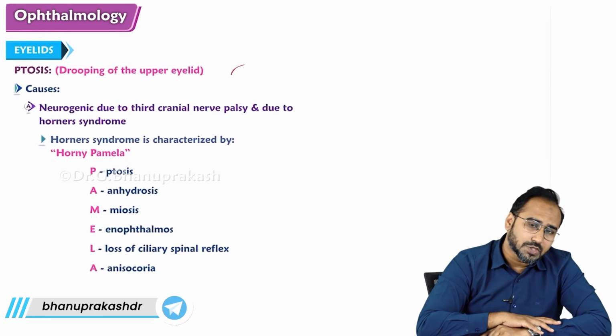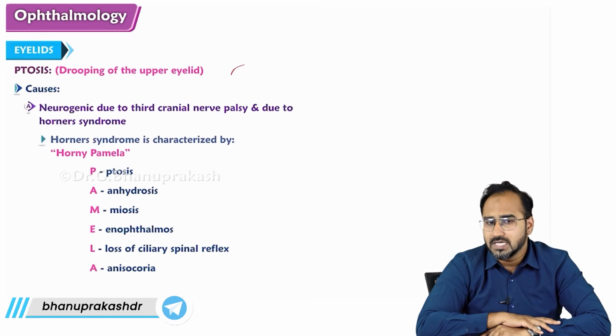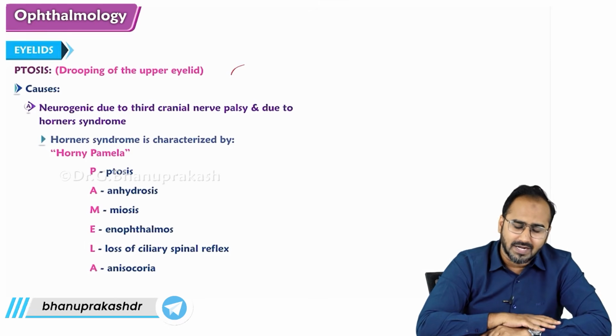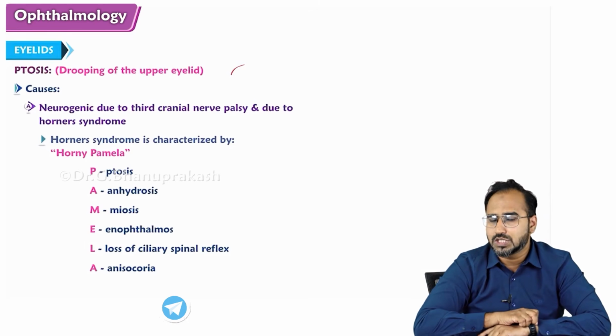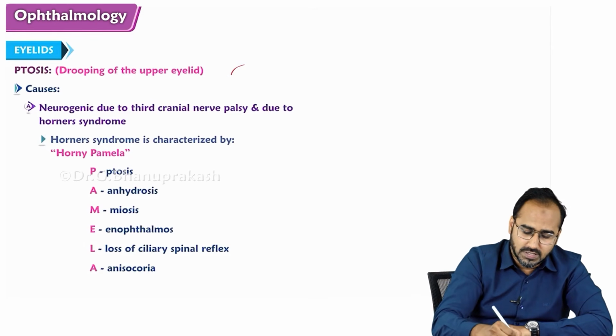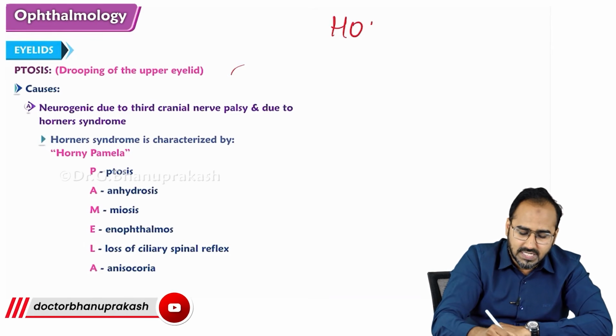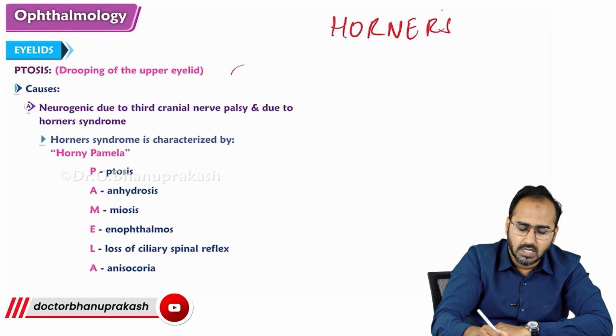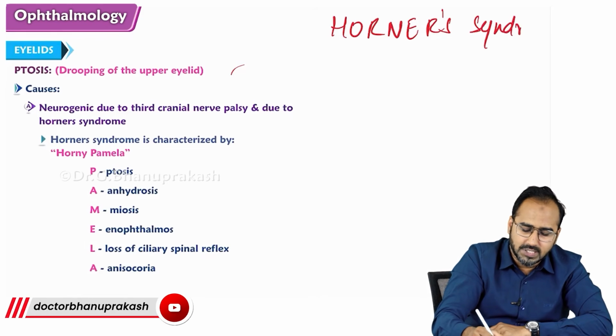Coming to the first cause of ptosis, the neurogenic cause. Due to palsy of the third cranial nerve, the patient might land up with ptosis. That neurogenic cause of ptosis is also called Horner's syndrome. What is Horner's syndrome?